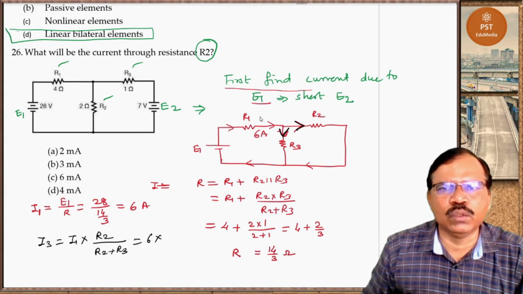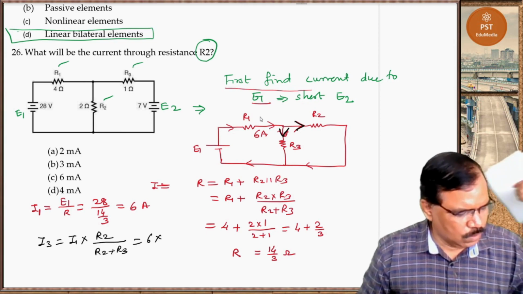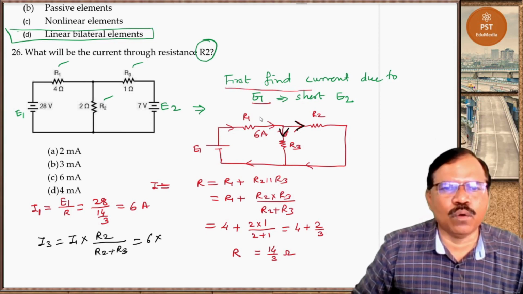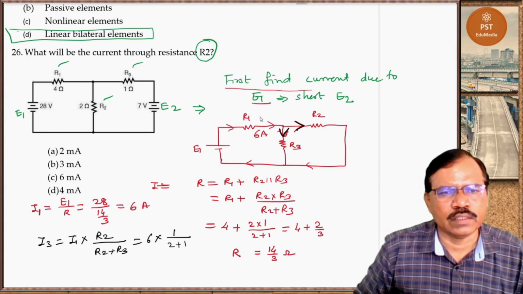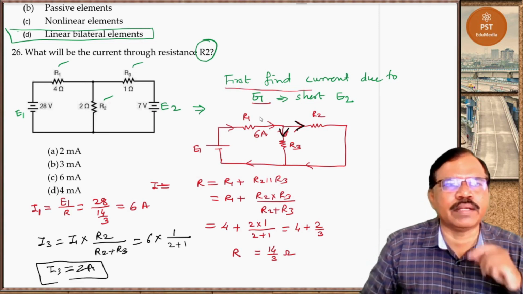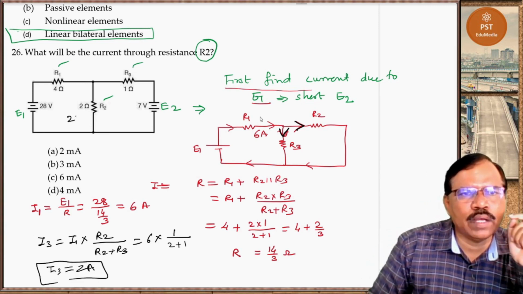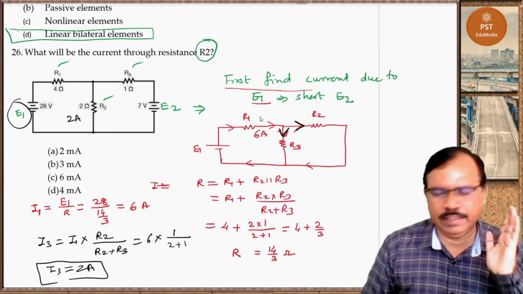So 6 into R2 is 1 ohm upon 2 plus 1. So we will get I3 equal to 2 ampere. So what happens here? This 2 ampere current is due to E1.